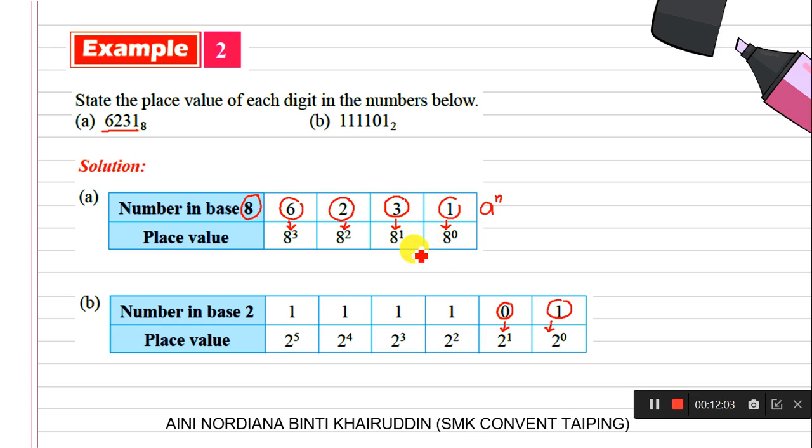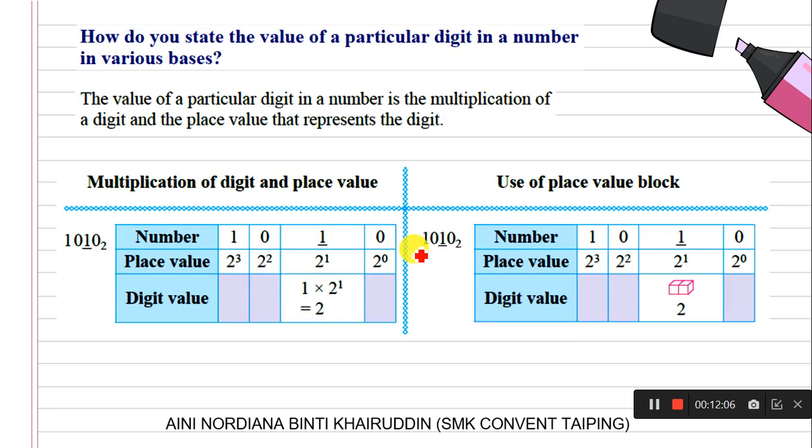So, have a look at this example. This is digit value. Digit value is the underlined number multiplied by the place value. Remember, this is the place value that I mentioned earlier. If you want to calculate the digit value, you multiply the underlined digit, the digit that you want to know the digit value of, with the place value of that digit. Okay.